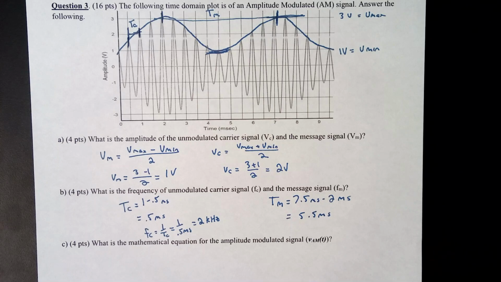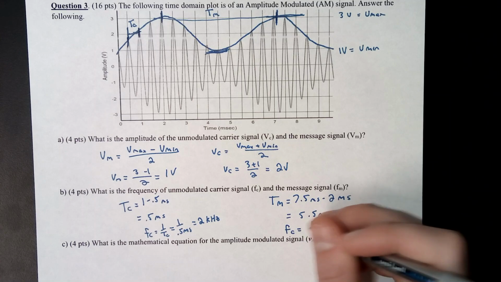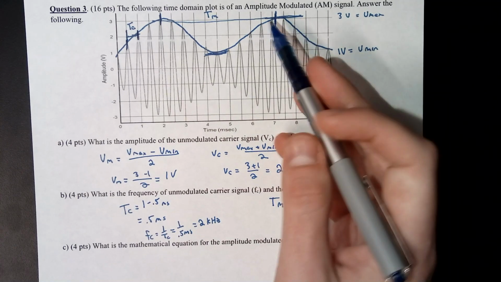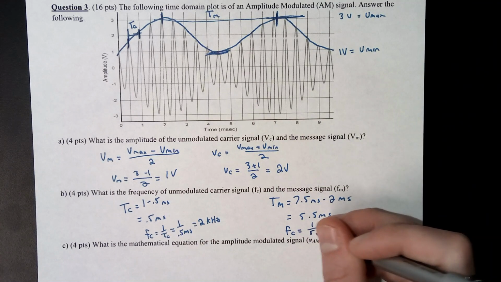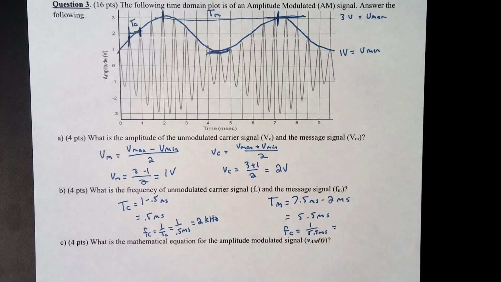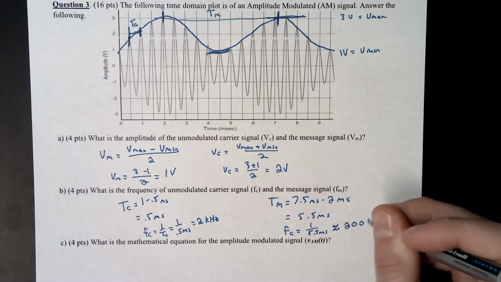I think that's not quite what they got when they did this for the practice exam. But again, as long as you show your work and show where you sampled, you should get credit for it. So we'd have 1 over 5.5 ms, which comes out to something slightly different, but on the practice exam they give you 200 hertz.